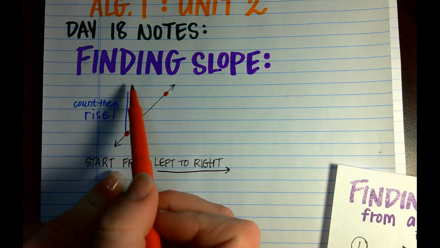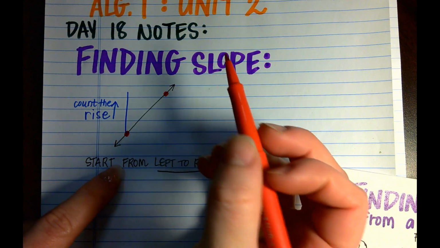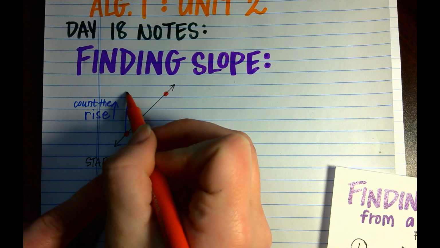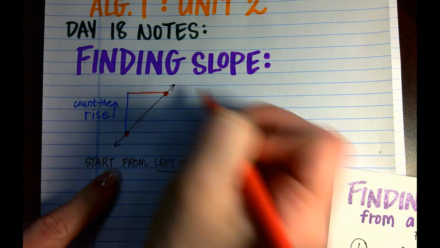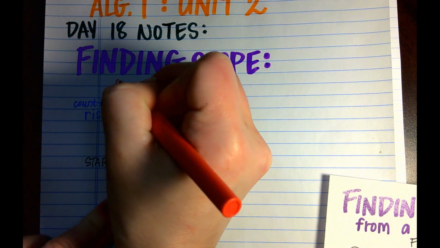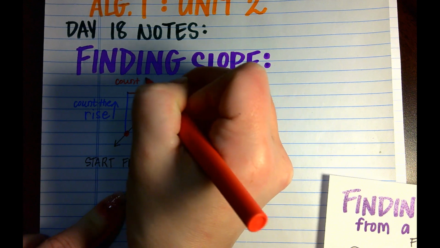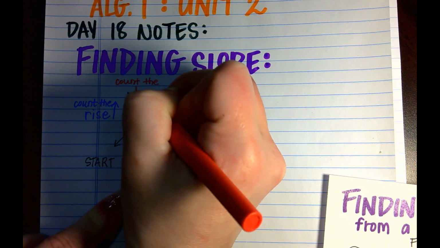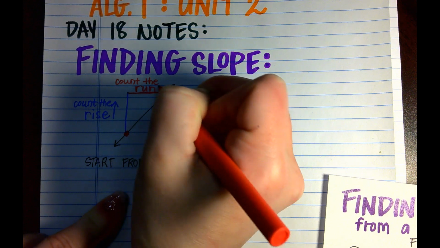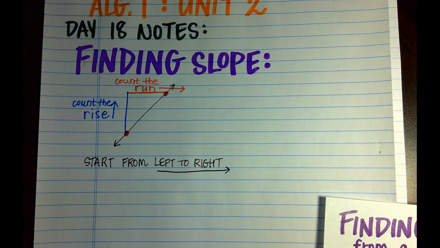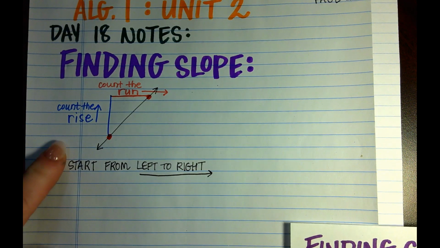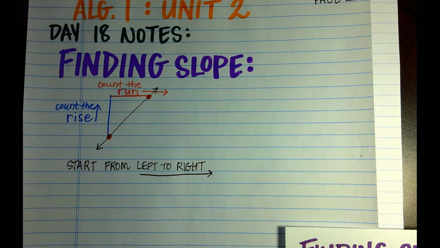And from where we go when we count the rise, we then go over to where that second point is and we count the run. Whatever the numbers are for rise and run, if you put them in a fraction, that gives us our slope.